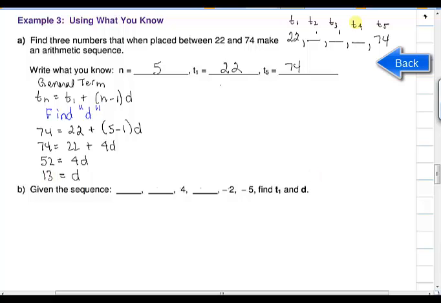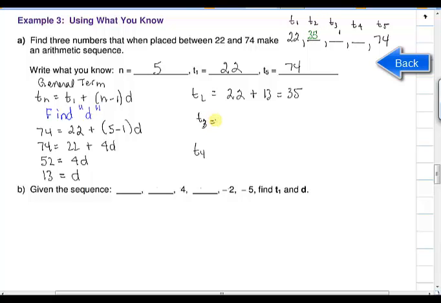According to our diagram here, we're looking for T2, T3, and T4. To get T2, we want to take T1, which is 22, and add our common difference to that. So 22 plus 13 is 35. And so we know that T2 is 35.